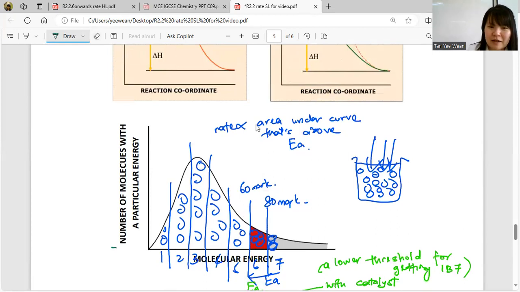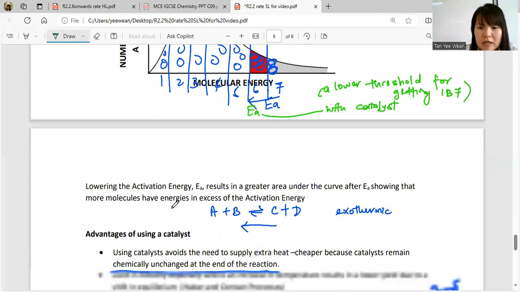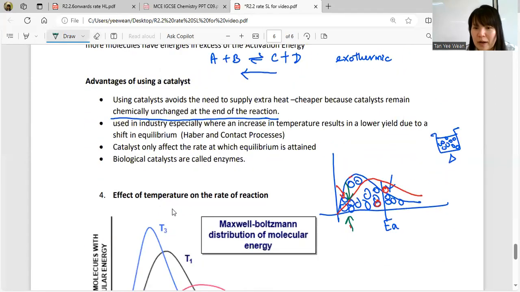The y-axis is the number of molecules or number of particles with that particular energy. So it's like the number of students that possess that mark. Okay, so the number of students that possess low marks has decreased, and the number of students that possess high marks has increased. But look at this, the EA is undisturbed because we didn't use a catalyst.